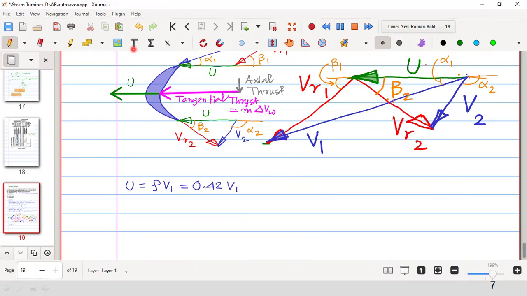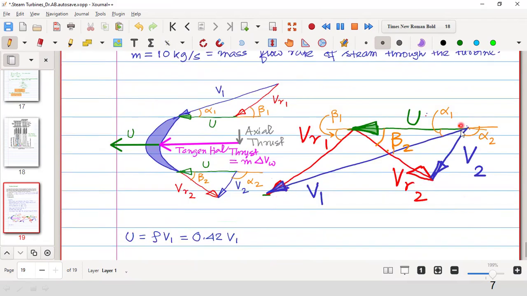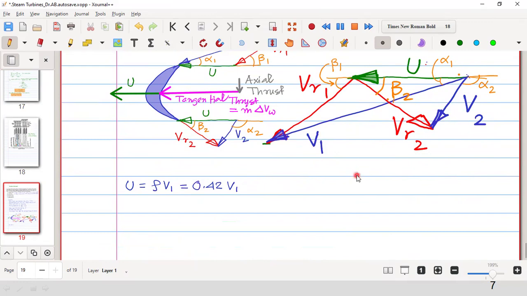Again, we know that V1 cos alpha 1 is equal to VR1 cos beta 1 plus U. That is from the geometry of the triangles.